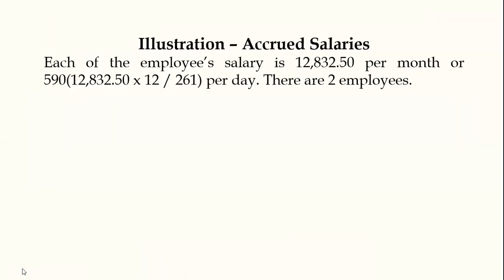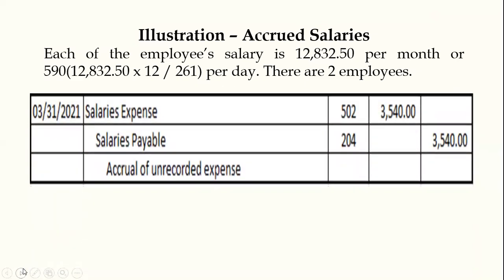So dapat yan ay mapasama sa expense ni March. So kaya 3 days. Meron tayong 2 empleyado times 2 employees equals 3,540. That is the salaries expense that should be recognized for the month of March since that is part of March expense.